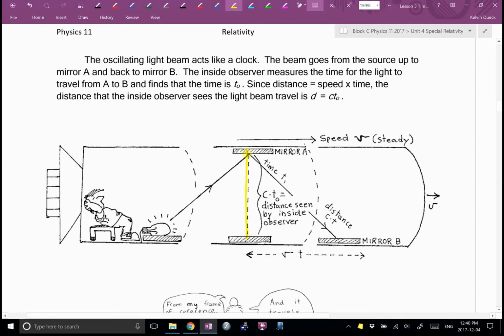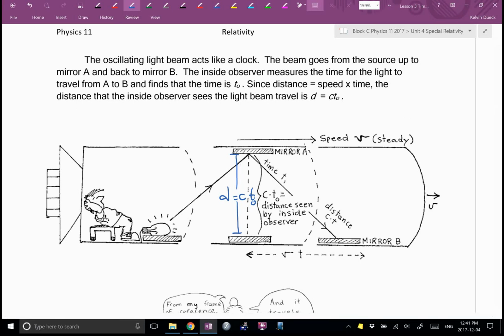They measure the time that it takes the light to go there as time t with a subscript of 0. And the speed of light is c. So if I want to write an equation for the distance, we would say this distance is c times time 0. Don't write that down, just watch.